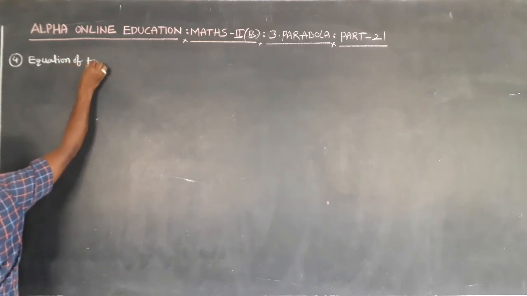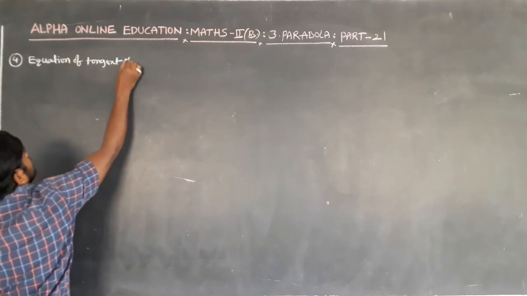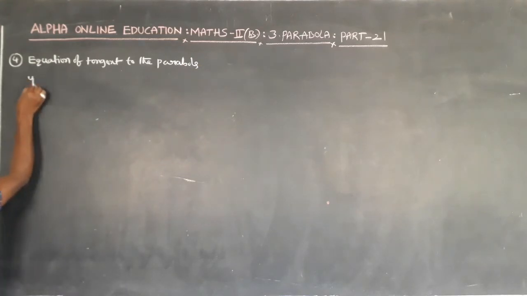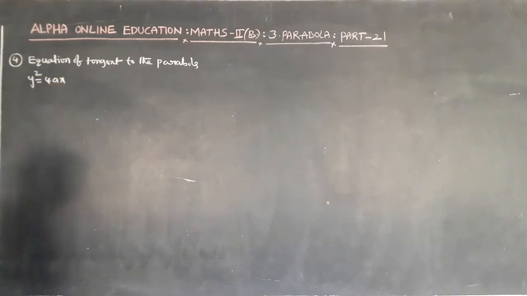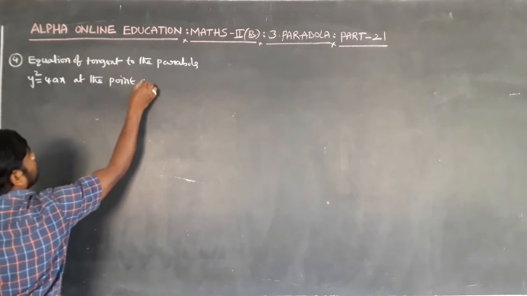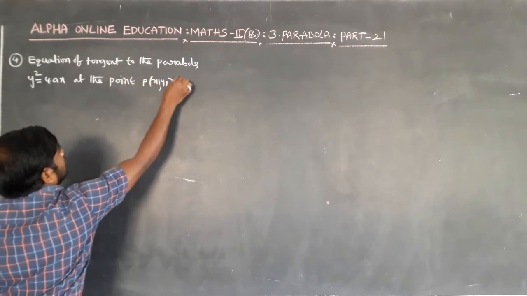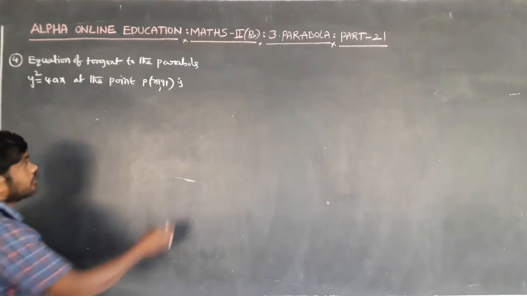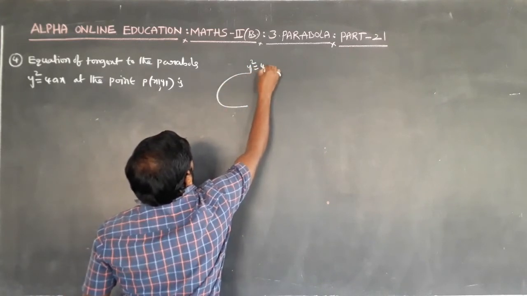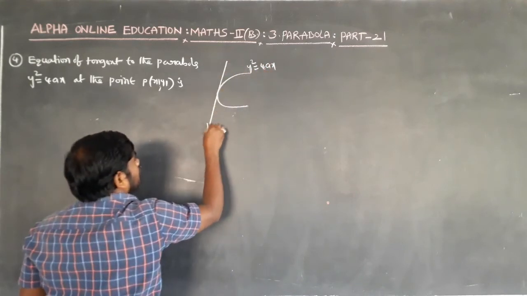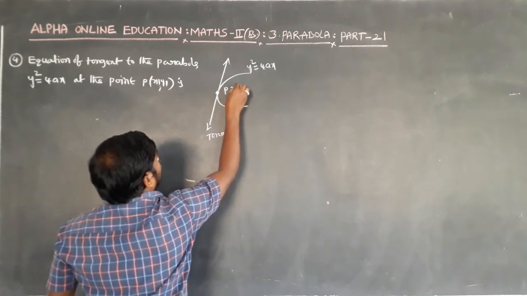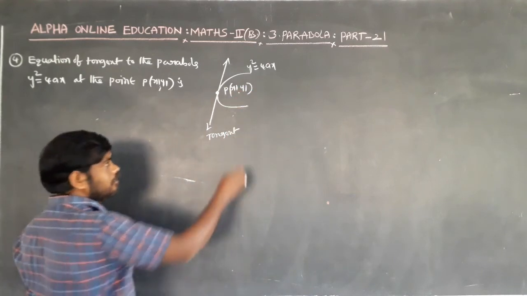Equation of the tangent to the parabola y square is equal to 4ax at the point P of x1 comma y1 is... This is the equation of the tangent to the parabola at the point P(x1, y1).